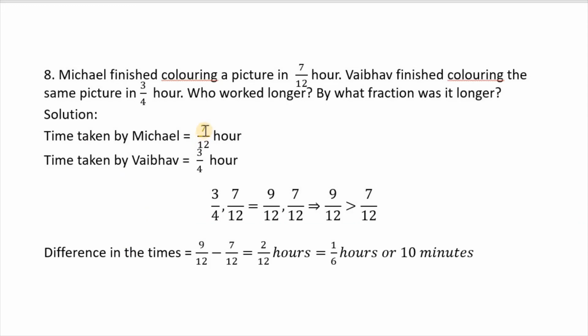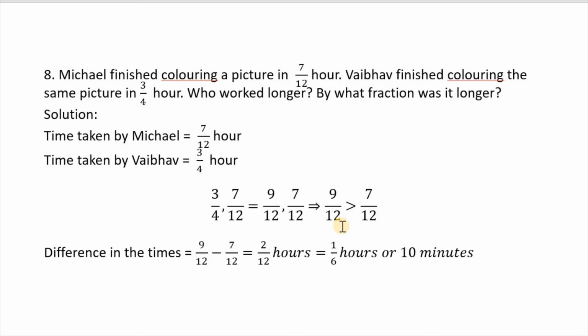Time taken by Michael is equal to 7 by 12. Whereas time taken by Vaibhav is equal to 3 by 4 of the hour. Now for us to find the difference or to compare this, we need to make them into like fractions, and by doing that we are changing 3 by 4 into 9 by 12. 9 by 12 and 7 by 12 are like fractions.